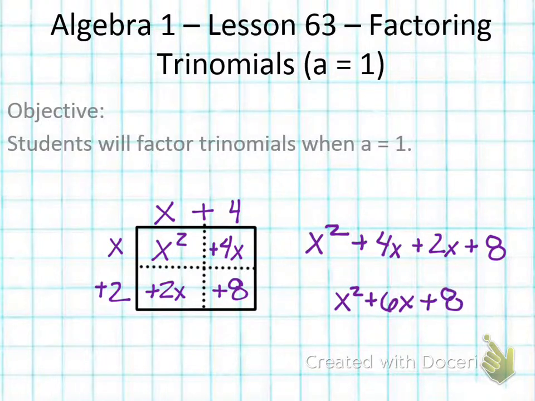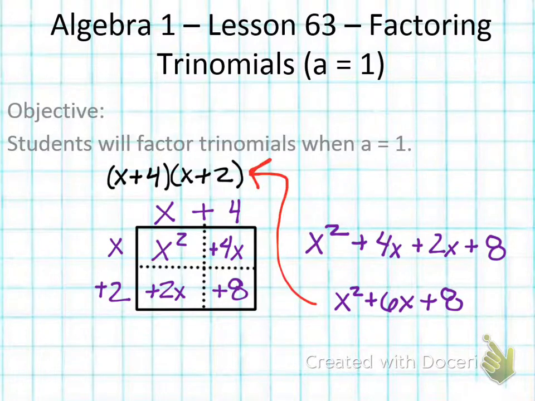Okay? So today what we're doing is instead of starting with a product, like x plus 4 times x plus 2, we're going to start with the trinomial and move backwards. So given this, I want to know what were the factors. We've also been talking about the GCF, the greatest common factor. That's going to come into play.